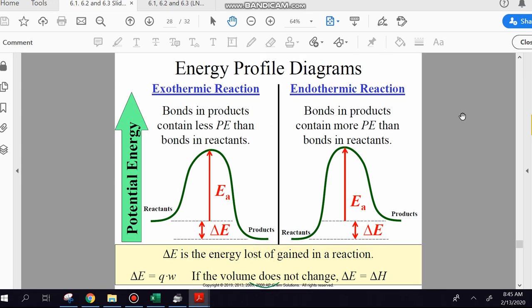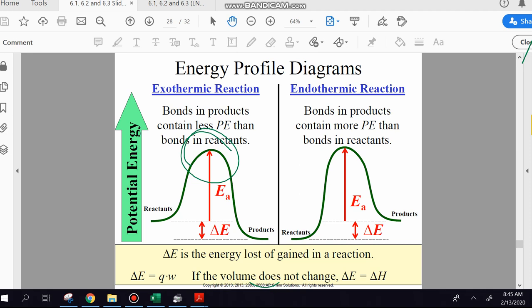And then we have seen these energy profile diagrams before, and we know that the top of the line here is the activation energy, how much energy is needed for that reaction to occur. And we know that for exothermic, the bonds in the products contain less potential energy than the bonds of the reactants.